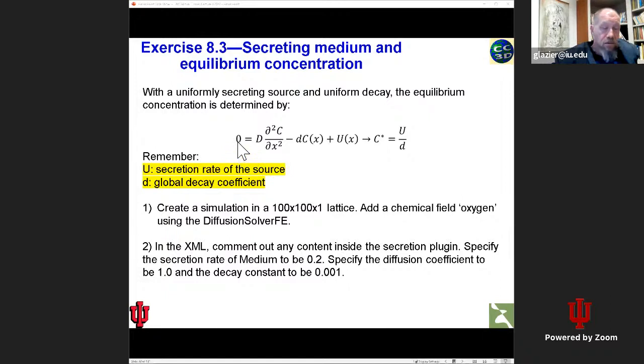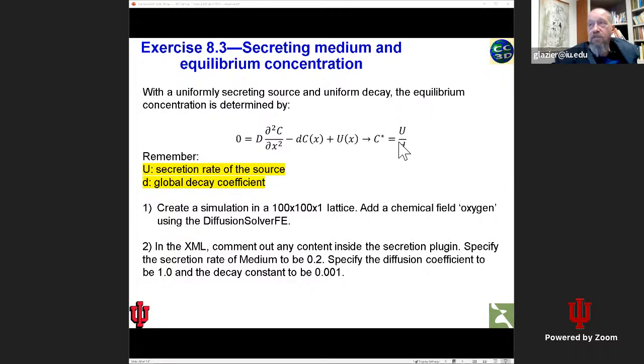I've set the time derivative to 0 already. I'm now going to set the spatial derivative to 0. And what I'm left with is 0 equals minus d of c plus u, which means c is equal to u divided by d.